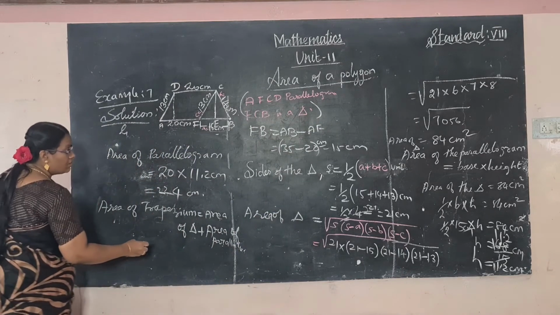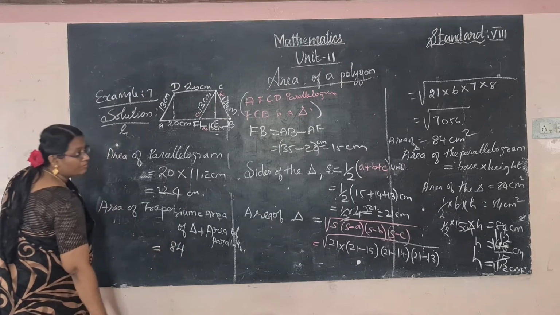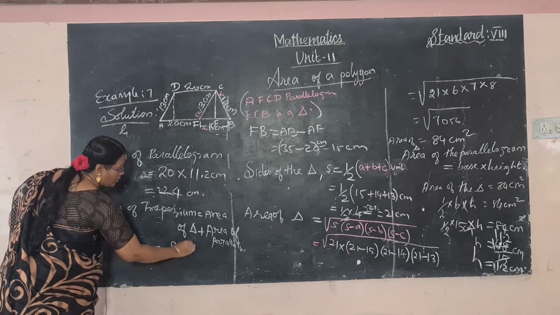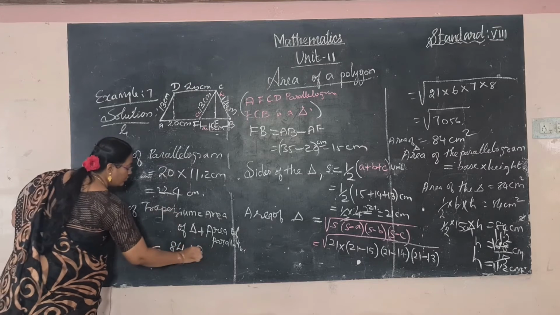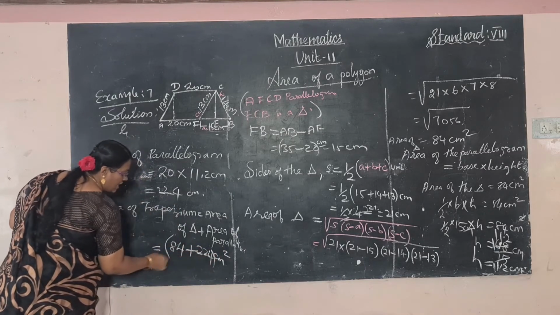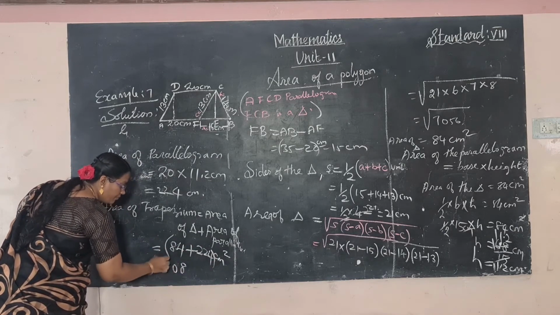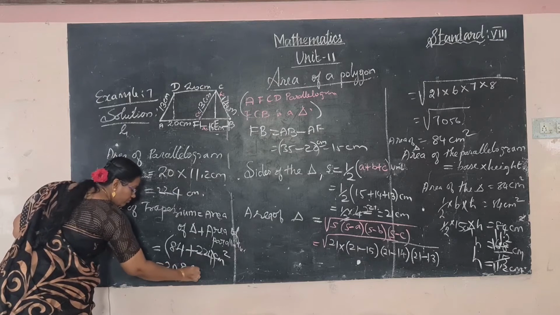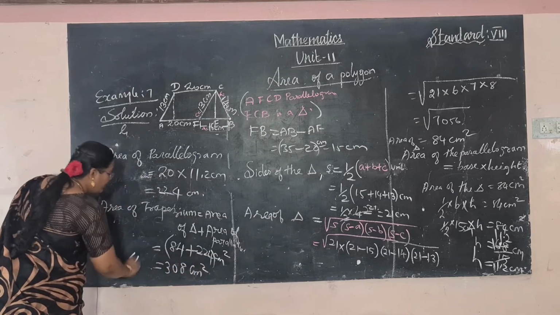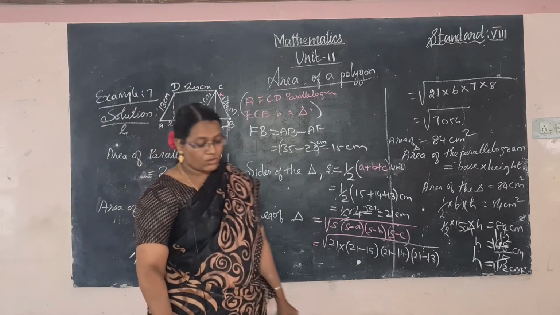So the area of this triangle we got 84 centimeter square, plus the area of the parallelogram 224 centimeter square. Add these two values. So the area of the trapezium is equal to 308 centimeter square.